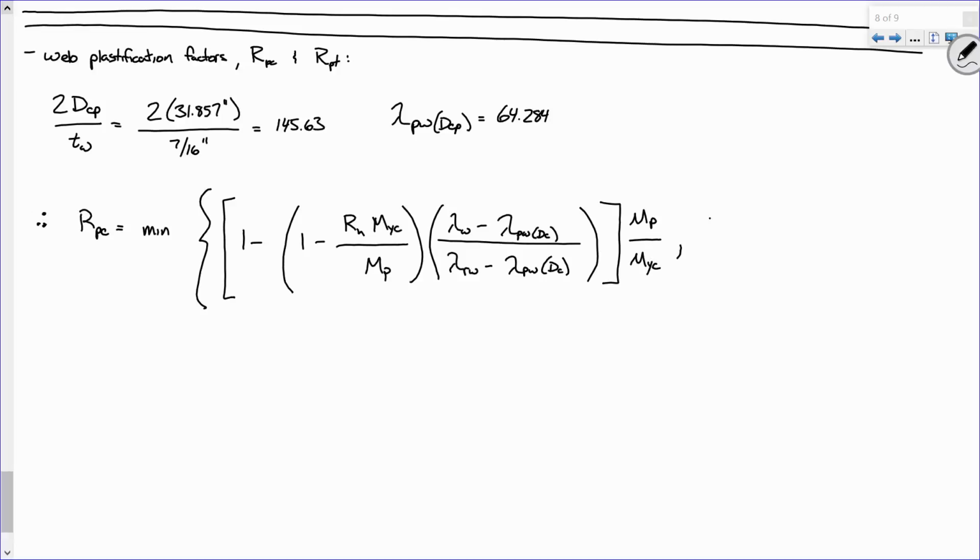It's the minimum of that and MP over MYC.